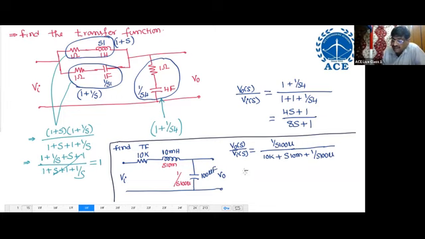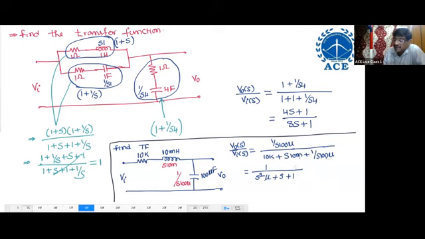If you simplify this, what will we get? This cancelled, so the numerator is 1. 1 by S into S, S square. For the second term, S square into 10 into 100, kilo and milli cancelled, so here it should be micro. Plus S into 10 into 100 kilo, kilo and mega, mega and micro cancelled. That means plus 1.